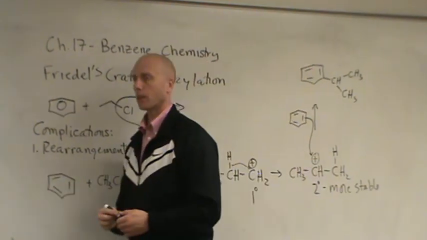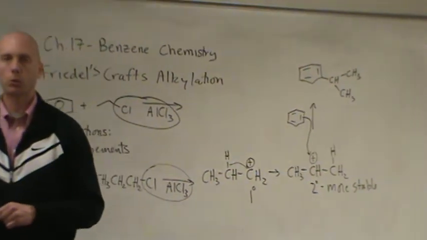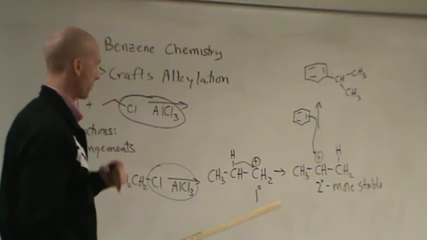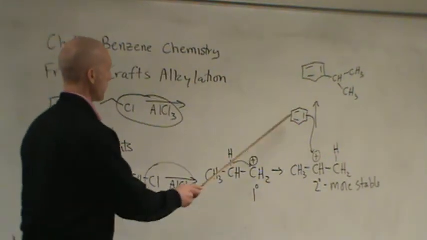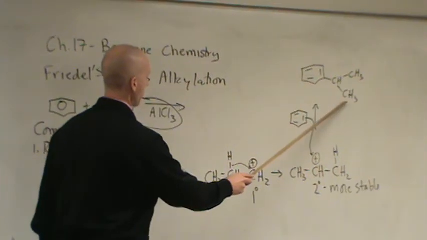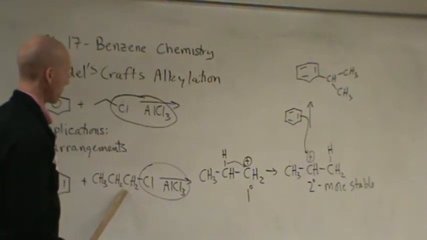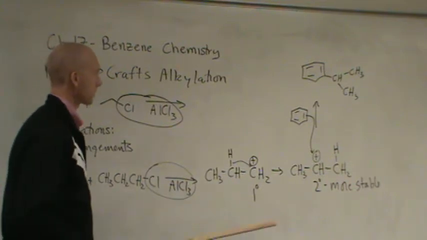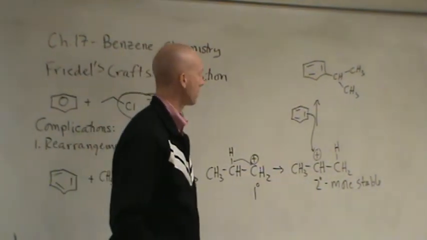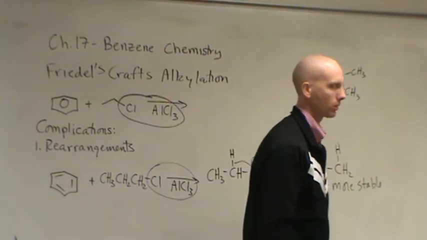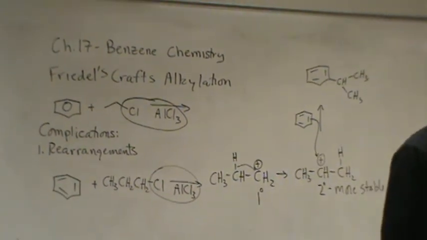And so we would end up with isopropyl benzene. The benzene attaches there, so it adds on the middle carbon instead of the end carbon. You would expect propyl benzene, but the carbocation rearrangement adds it on the middle carbon.